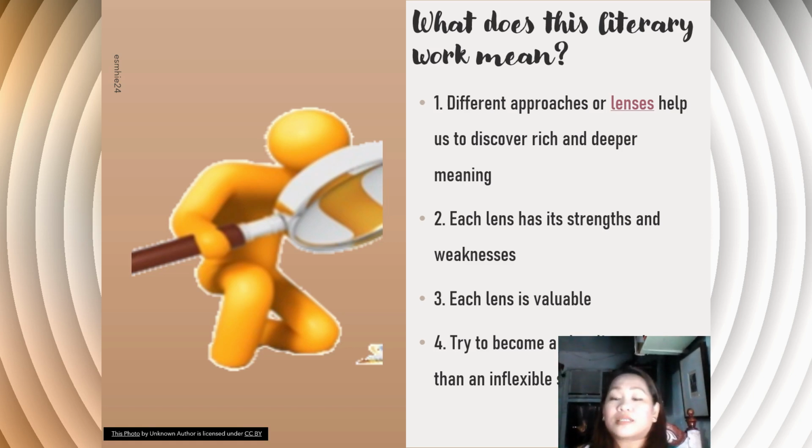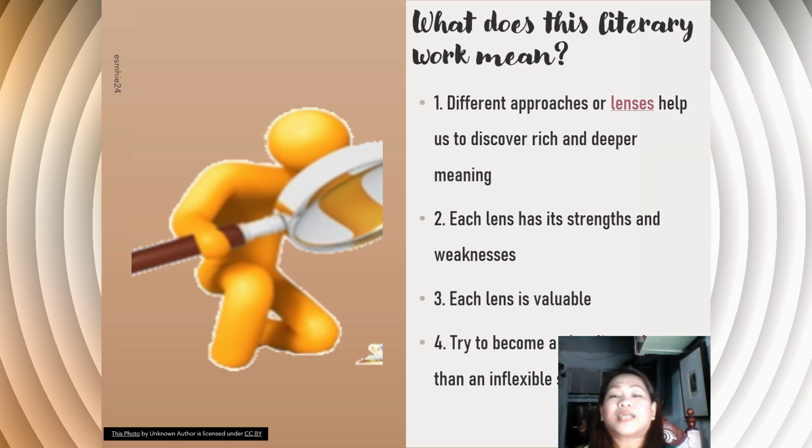So each lens is valuable because each lens has the ability to view the text based on their own perception. Okay? So when we say try to become a pluralist rather than an inflexible supporter of one, we need to be open to some opinions or points of view or perceptions of the other readers of the text. So there you go.